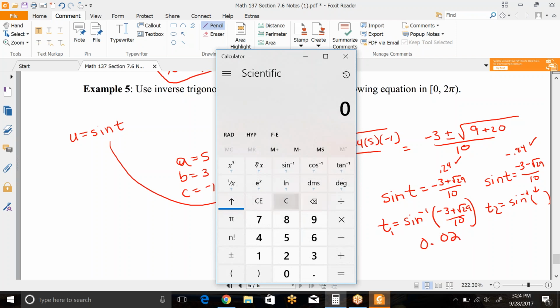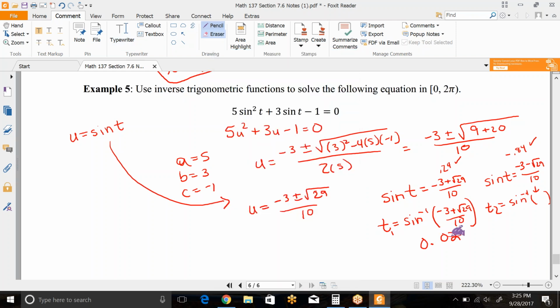I'm going to double check myself real quick on that one. Yeah, I think it's the 0.24. I think I hit the button twice. That must have been what happened last time because that seemed very small. So t1 is 0.24. Okay, let's do t2.